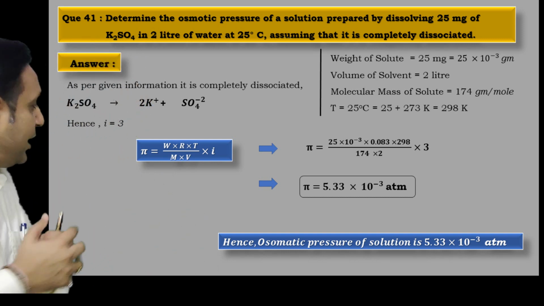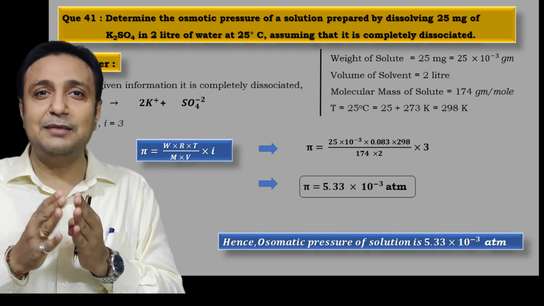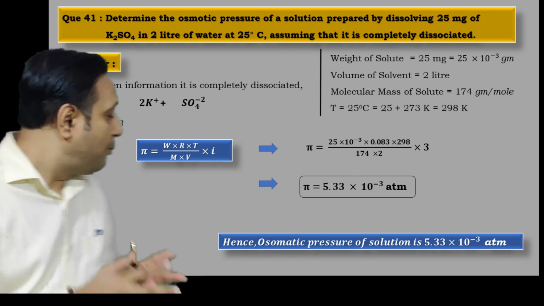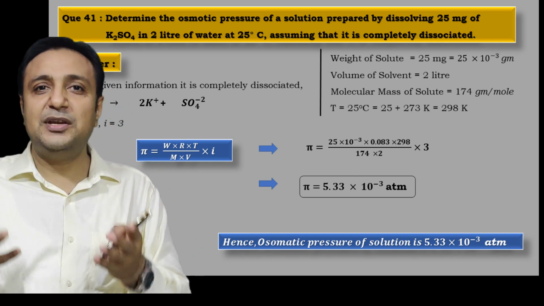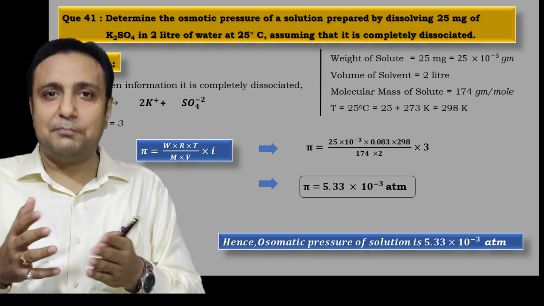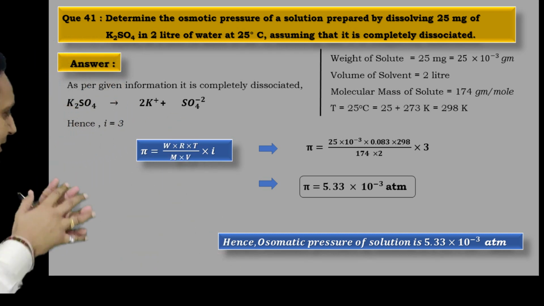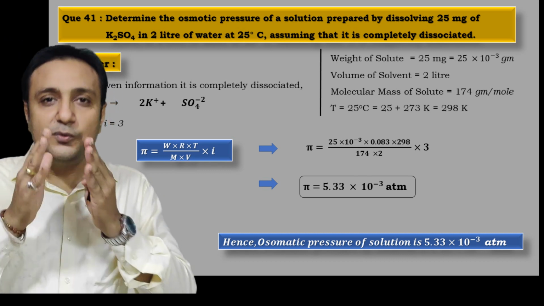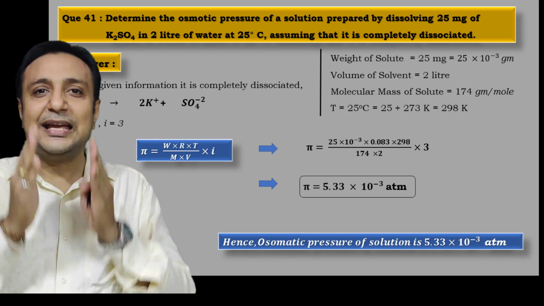Now use the formula of osmotic pressure pi. Pi is equal to WRT divided by MV multiplied by i. Put all the values of W, R, T, M, V and i, and by multiplying and dividing all the values, you will get the value of pi, that is 5.33 into 10 raised to minus 3 atm.